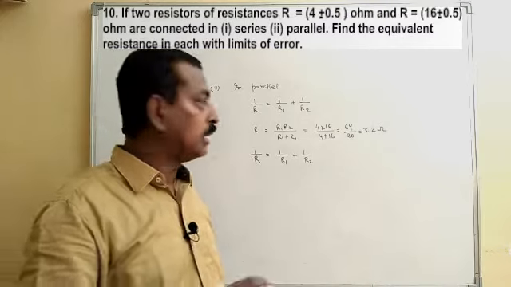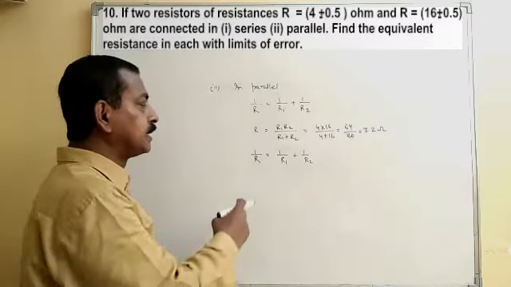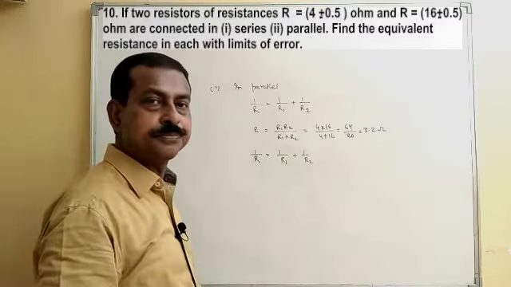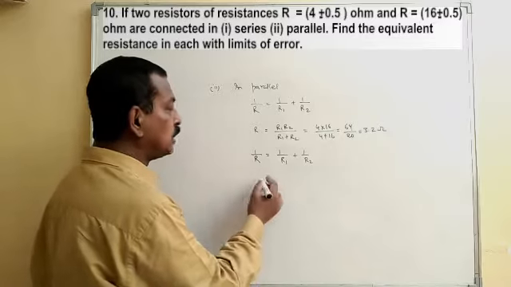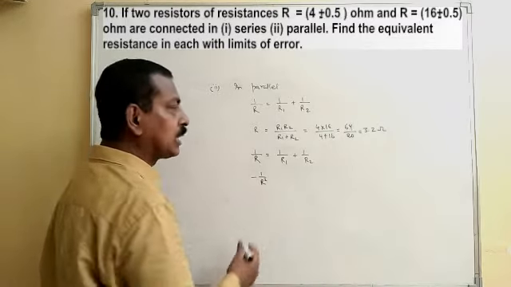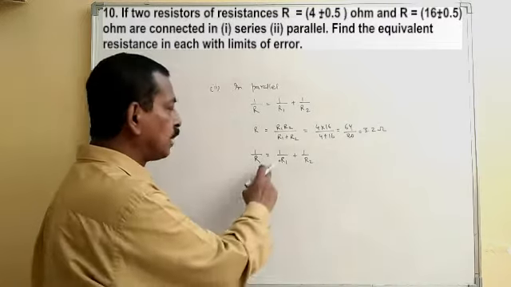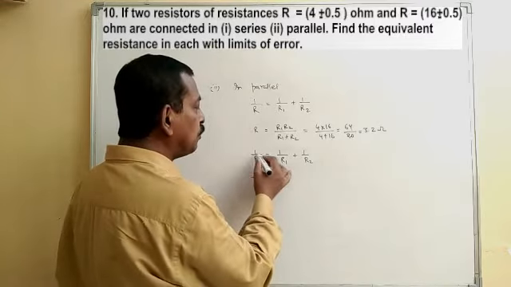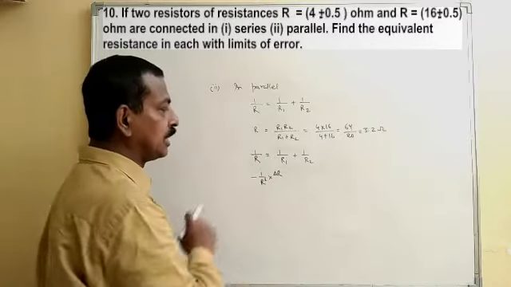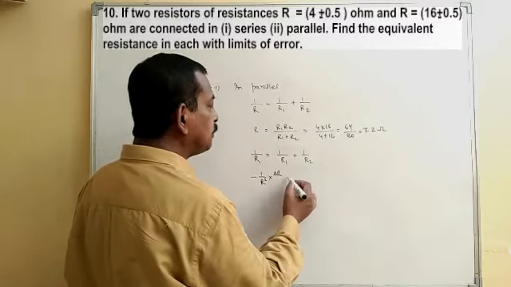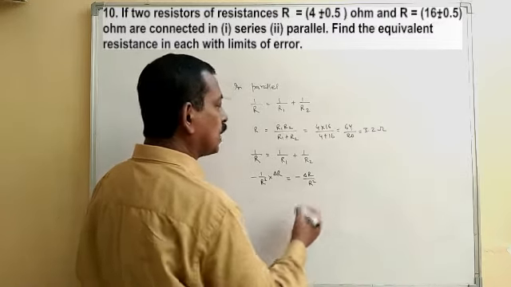Here, if you consider the formula which we use for this one, how can we get it? If you just differentiate, and by differentiation, it is 1 by R, so it will be minus 1 by R square, just like 1 by X differential you are using. So it is minus 1 by X square into, then for differential of R, instead of dR, we can use delta R. So this is basically minus delta R by R square.